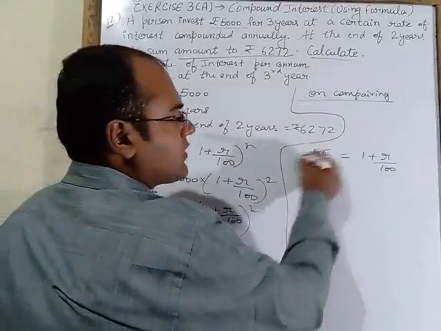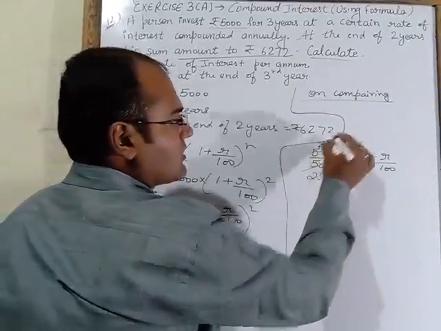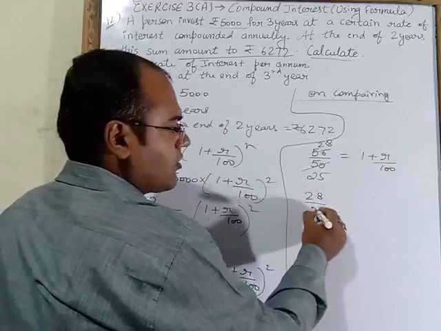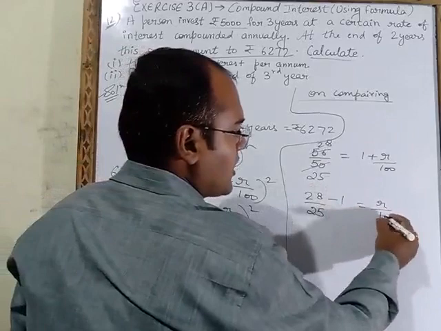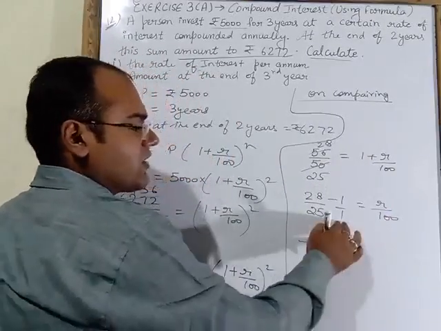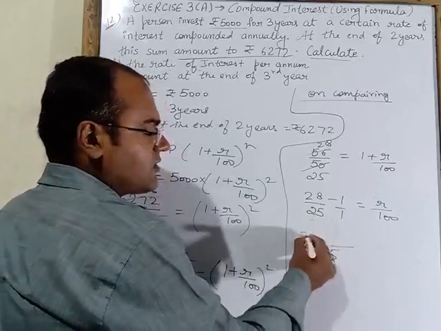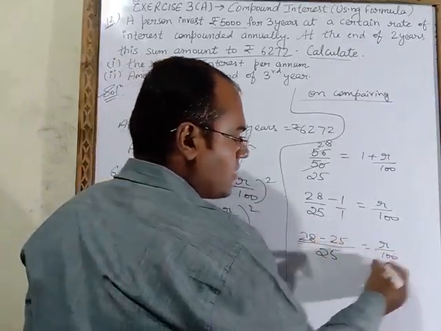Now these two we can cancel. 2 25s are 50, 2 2s are 4, 2 8s are 16. So 28 upon 25, plus 1 will come here minus 1, is equal to R upon 100. Now we will find the LCM. 25 and 1 LCM will be 25. So 28 minus 25 is equal to R upon 100.